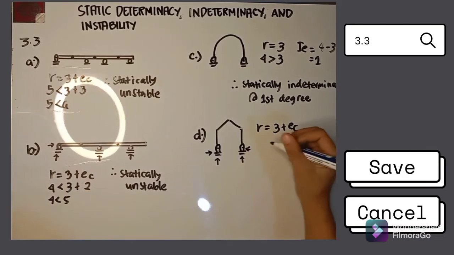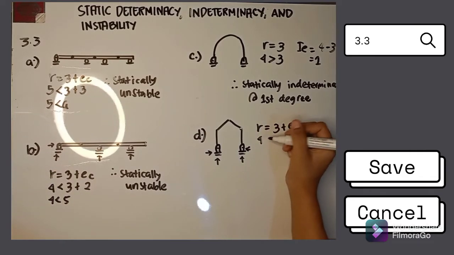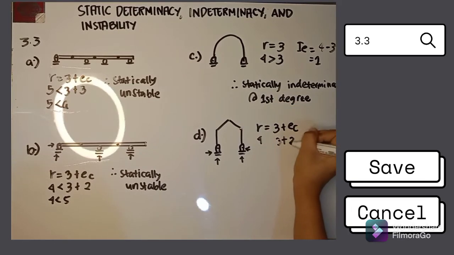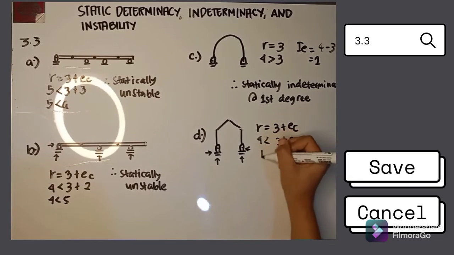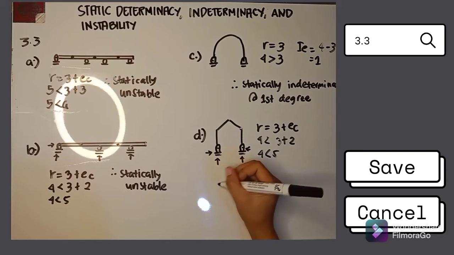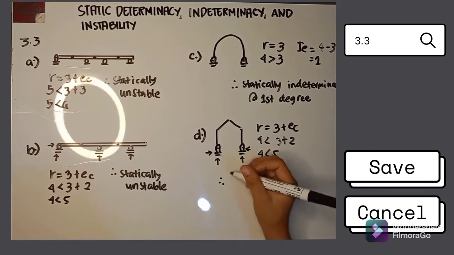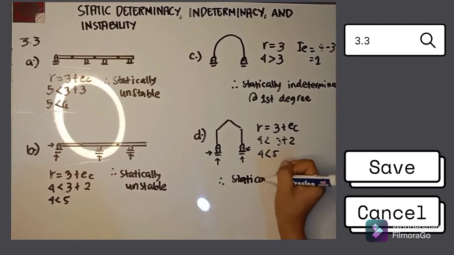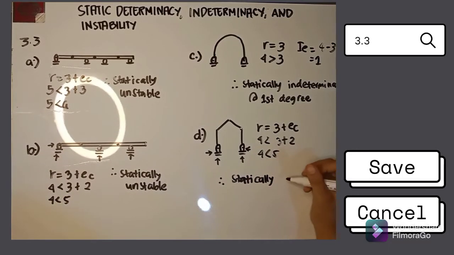We have only 4 external reaction. And further, for EC, we have 2. So 3 plus 2 is equals 5, therefore 4 is less than 5. Hence, this frame is statically unstable.